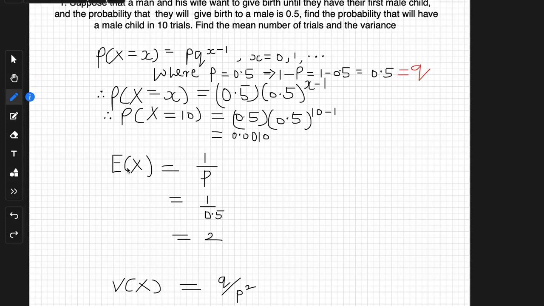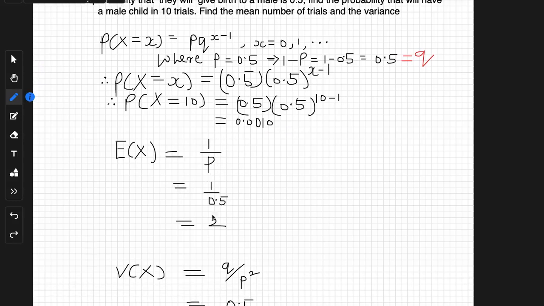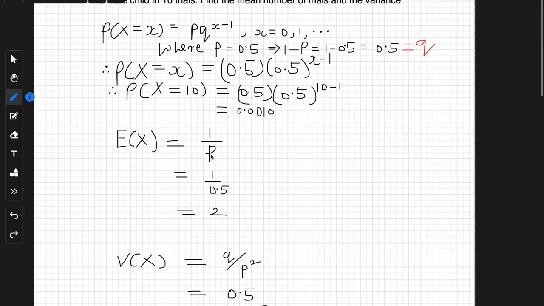The mean, we already know that the mean should be 1 over p, and because we know that, we can just substitute everything, and p is 0.5, so we get 2. If you like, you may say the expected value of x equals the summation of x times p of xi.